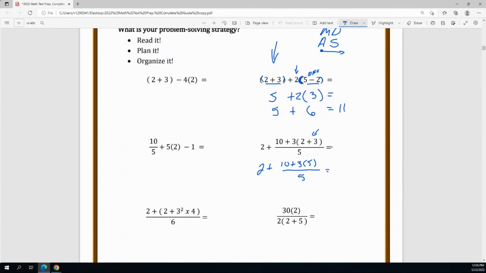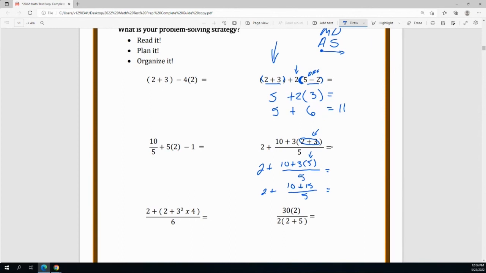Notice that the only thing that's changed is I've changed the 2 plus 3, and I've shown the sum 5. Everything else remains the same, and nothing else has changed. Still follow the order of operation now, and I have to do 3 times 5. 3 times 5 is 15. So this math problem is actually 2 plus 10 plus 15 divided by 5.